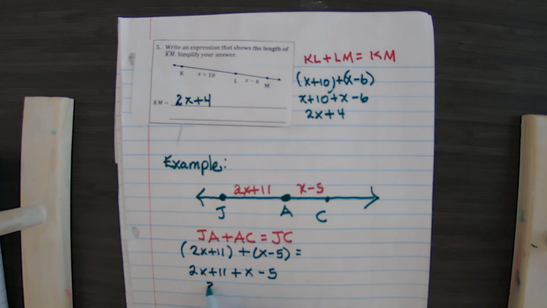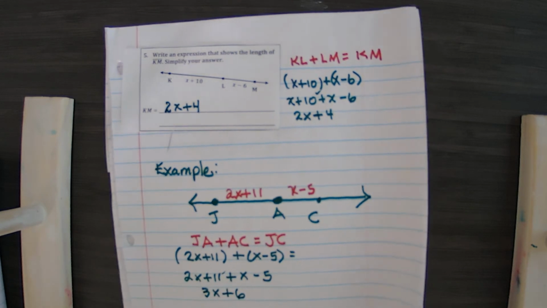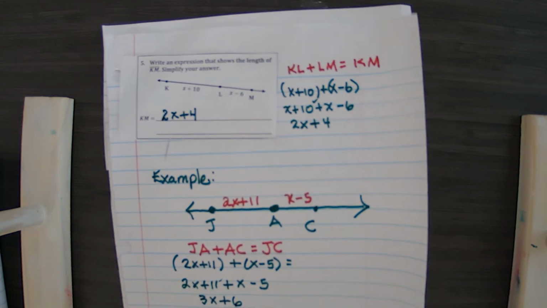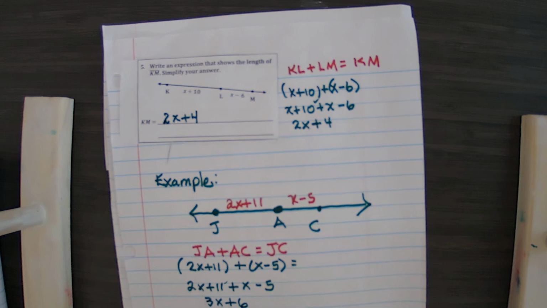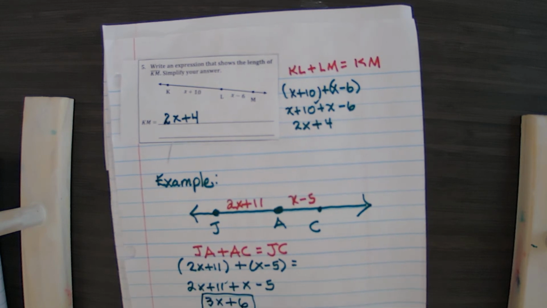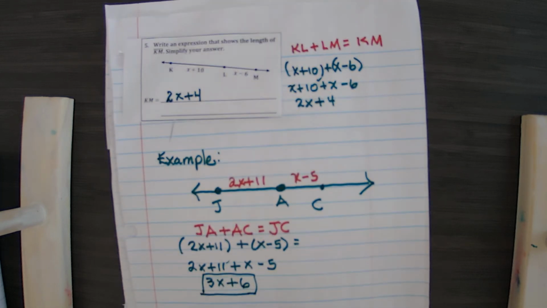I put my like terms together, I get 3x plus 6. The signs are different, subtract, take the sign of the larger. So the length here is 3x plus 6. That's the most that we can do because we don't know the value of x. Okay, let's go to example 6.